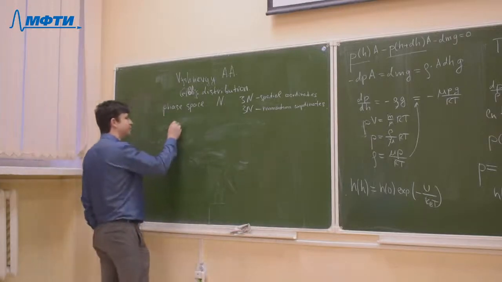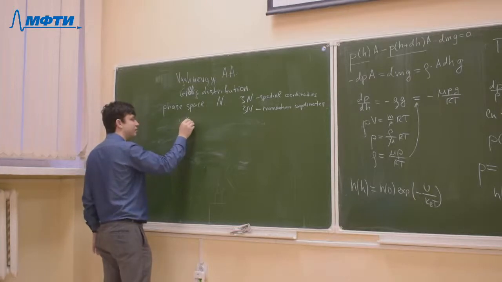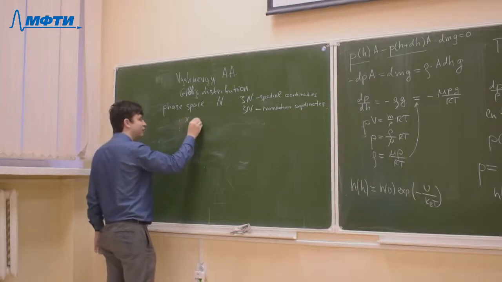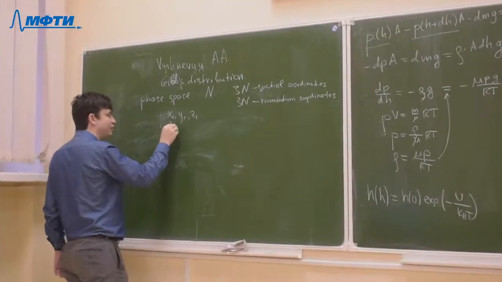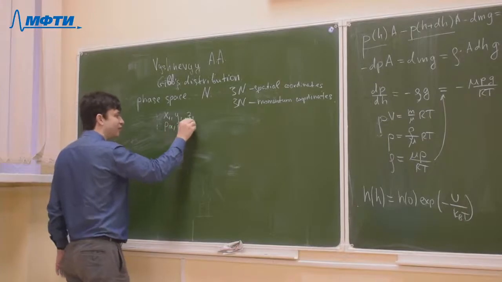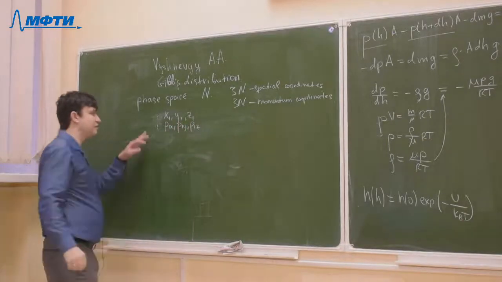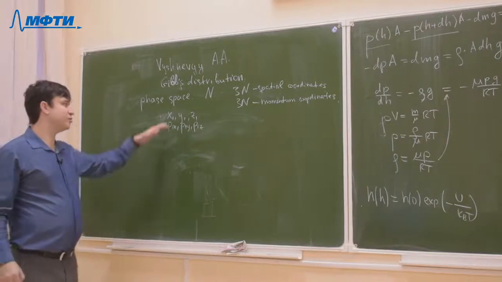So instead of velocity, I supplement my phase space by momentum. So momentum represents distribution for velocities. So I can say that I have, for the first molecule, x1, y1, z1, and also momentum p1x, p1y, and p1z. And these 6 variables describe the position of this molecule in the phase space.